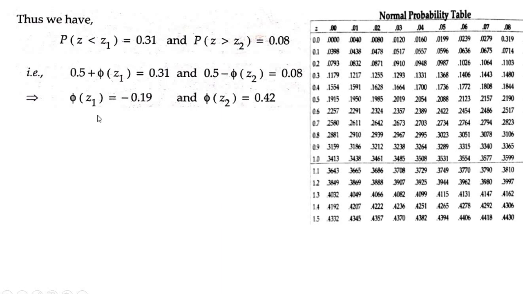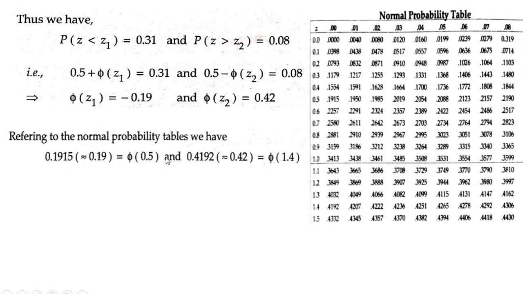The least value you have to write here because you have a 0.19. So 0.19 is for z equal to 0.5. Negative value is also equal to positive because it's a mirror image. So for z of 0.5 you get 0.1915, which is approximately equal to 0.19.